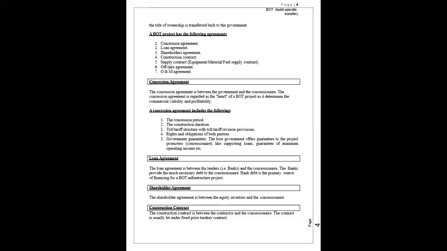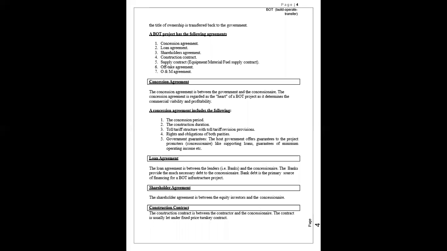This construction should be completed during a particular period. So construction period is included, concession period is included. Construction period and concession period are different.